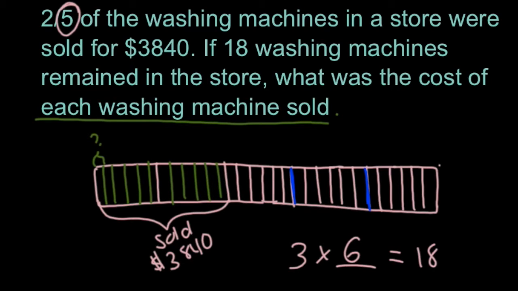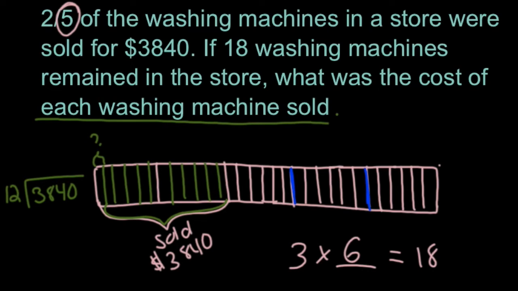So to find one of those units, I'm going to need to divide 3,840 divided by 12. I'm dividing by 12 because I have a total of 12 units in this area here. So that means 12 washing machines were sold.